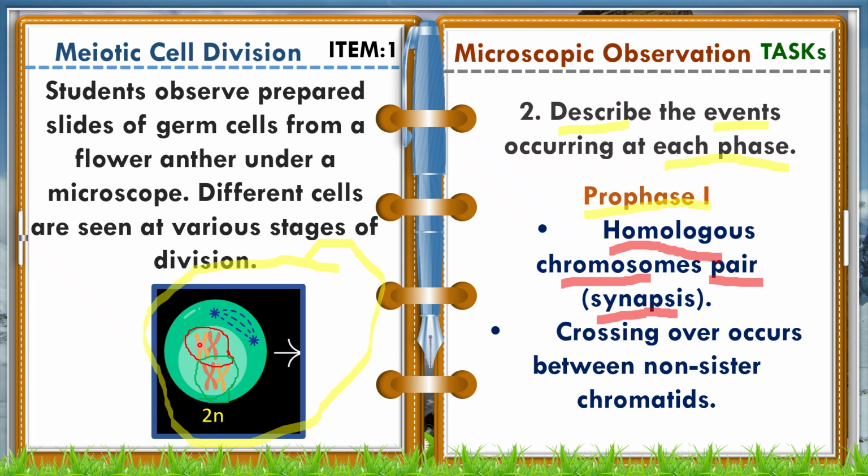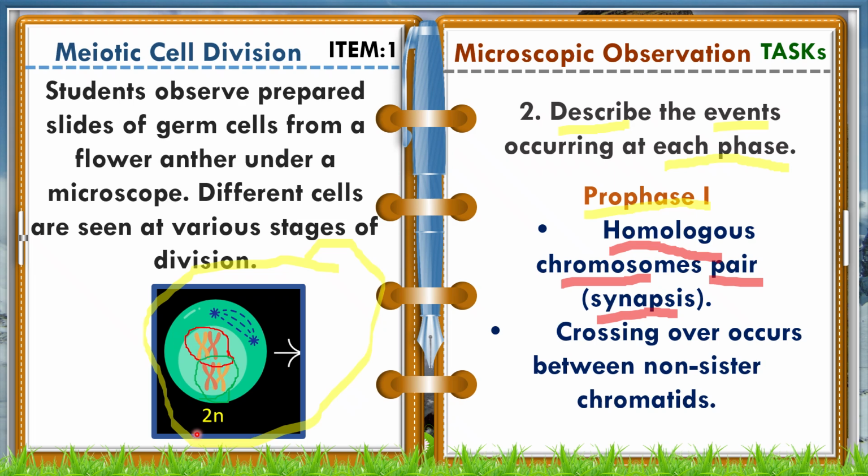One came from the mother, another one came from the father. There are 2 pairs. They are supposed to be 23 pairs. But because of the space, we have represented the 23 by only 2 pairs.